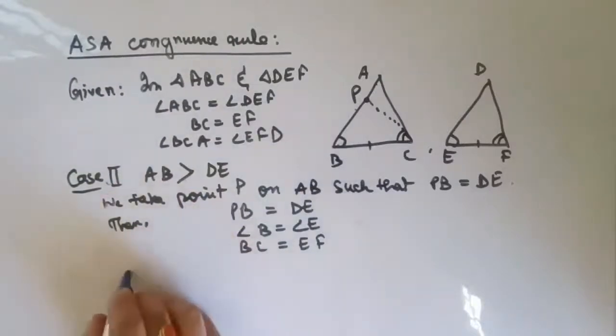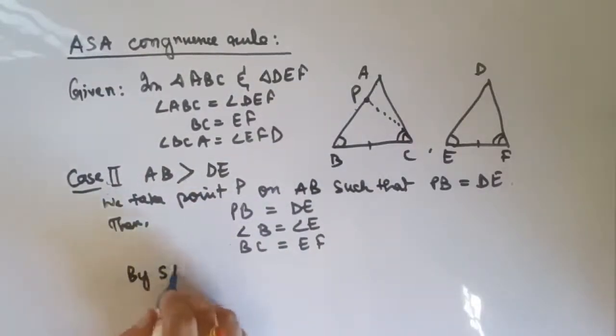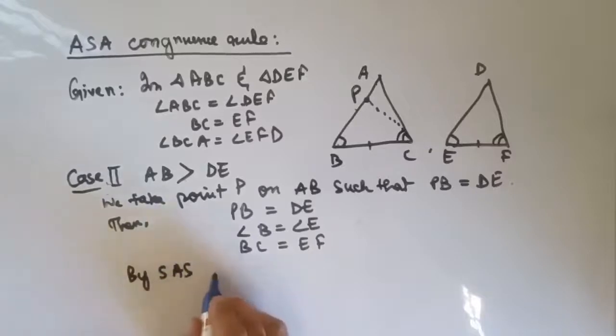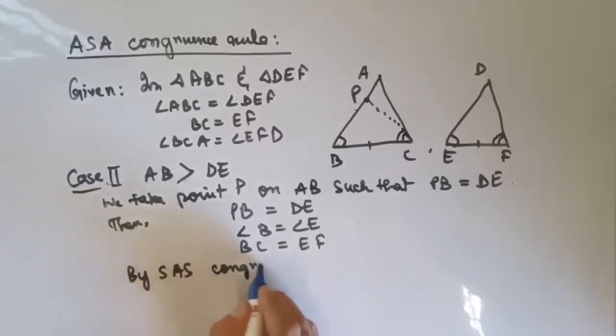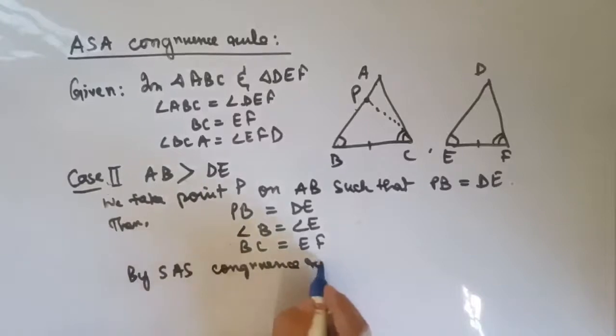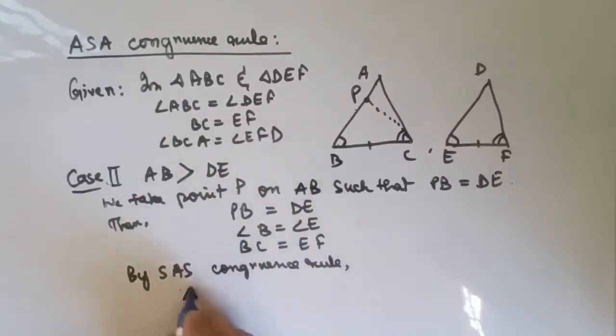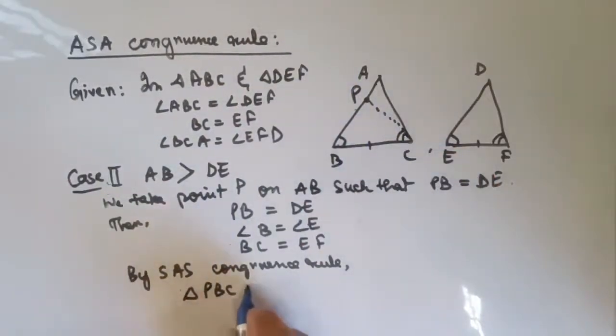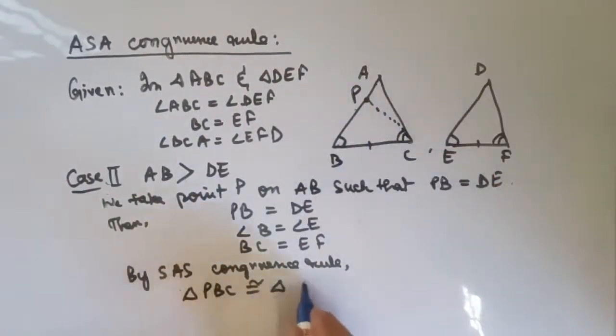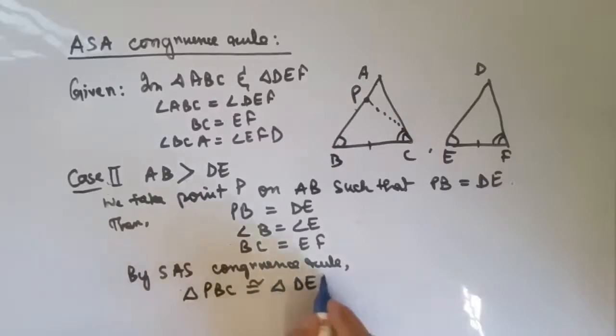So this also by SAS Congruence Rule, triangle PBC is congruent to triangle DEF.